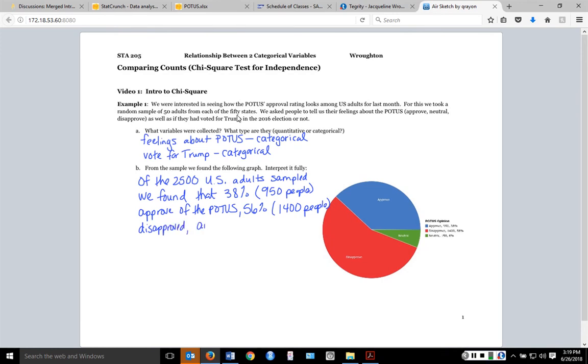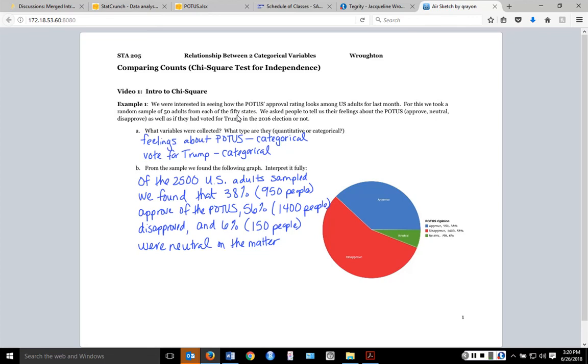And the rest, or 6%, which also could be labeled as 150 people, were neutral on the matter. So by just looking at that, I can see that more than a majority, or more than half, did disapprove of the president in the last month.